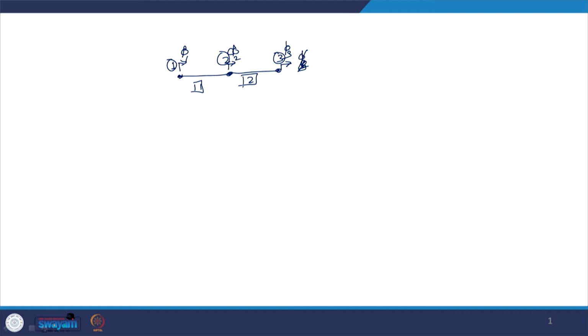Now, let us mark rows corresponding to the different variables phi 1, phi 2, phi 3, phi 4, phi 5. There are a total of 5 nodes in the mesh, and I define similar terms for the column arrangements as well.